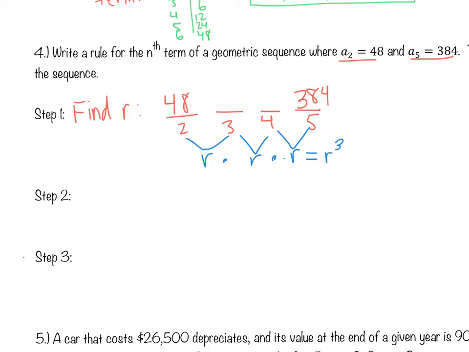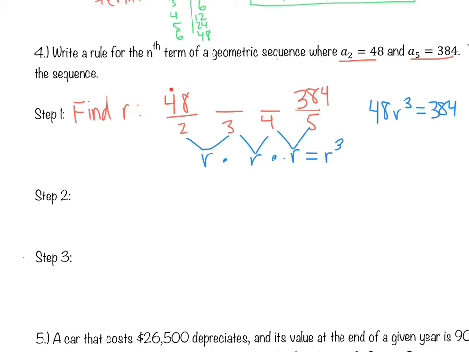So we can set this up as our first term that we have times r to the third will equal 384. Because whatever is in this first term, 48, is going to be multiplied by r times r times r.